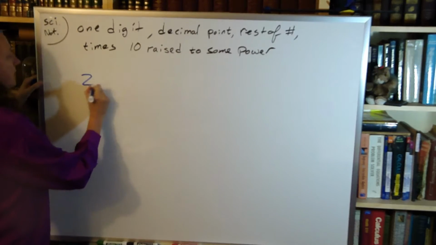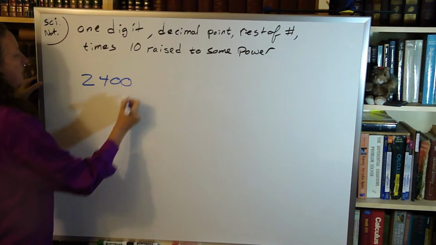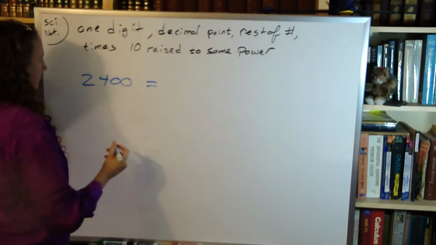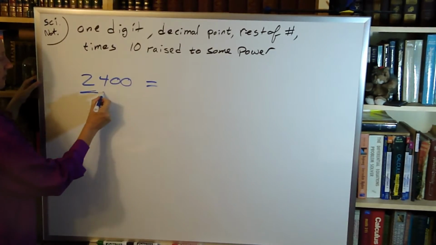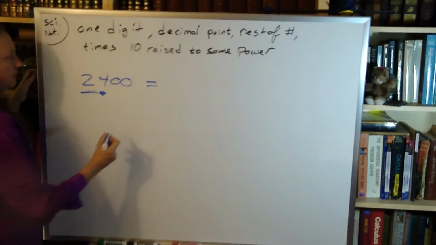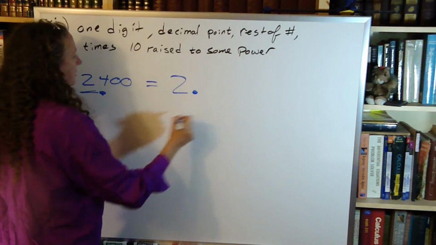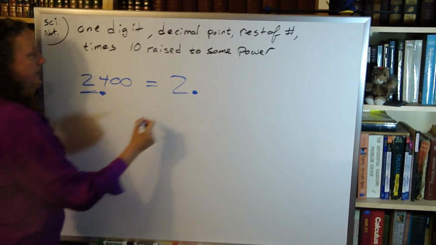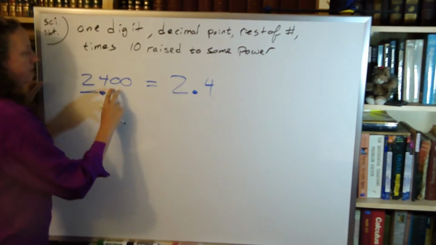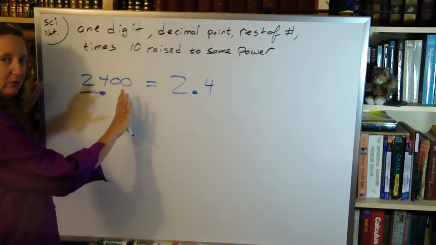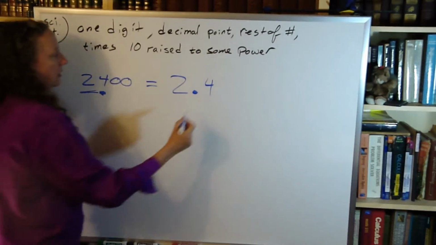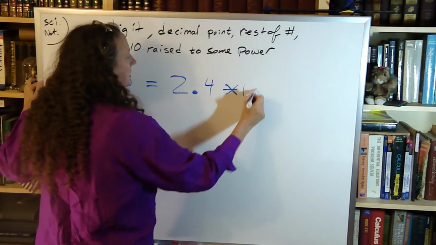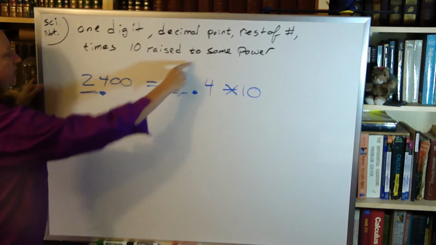Write 2400 in scientific notation. So I want one digit, then a decimal point. So that's 2 point. The rest of the number, 4. These 2 zeros are just placeholders. You don't need to write them. Times 10 raised to some power.